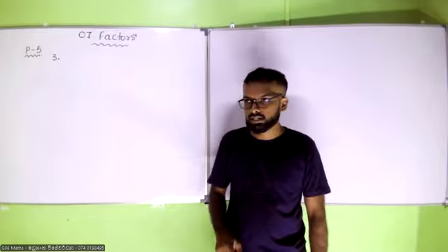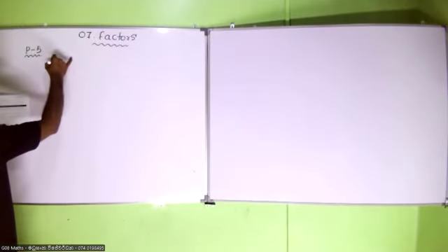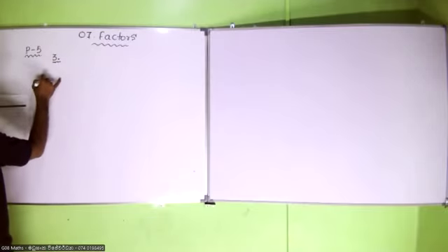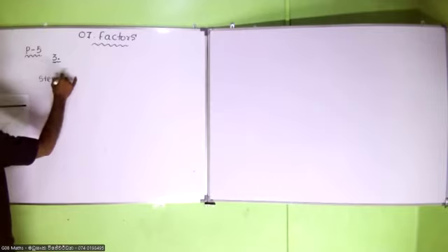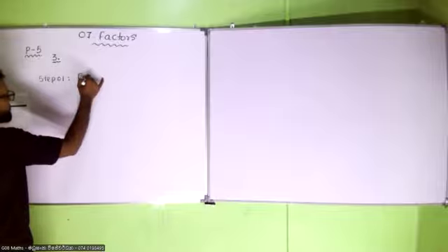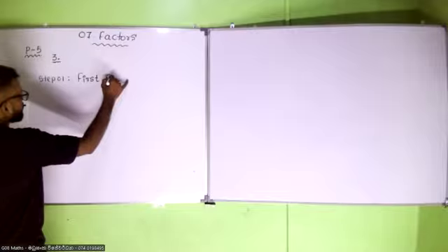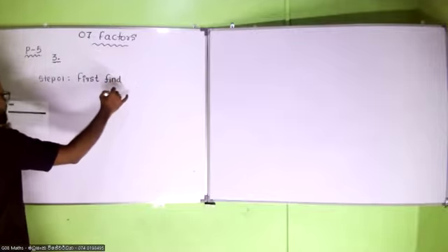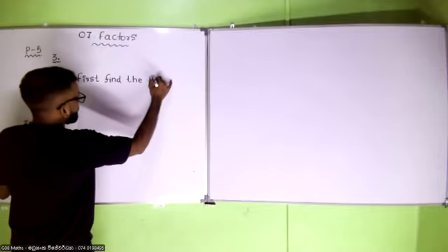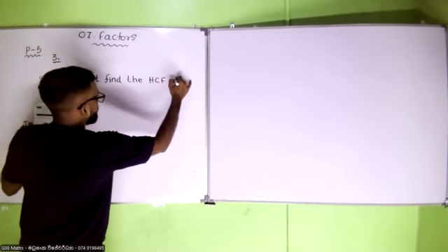Under the third subtitle, step number 1, page number 5: first find the highest common factor of numerical values.